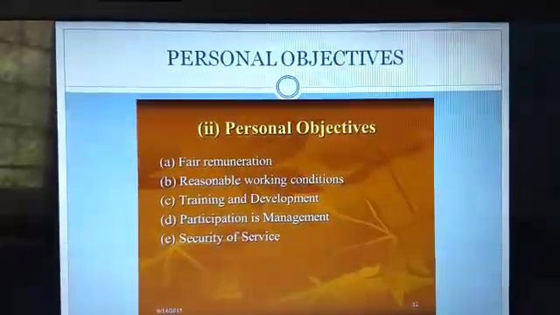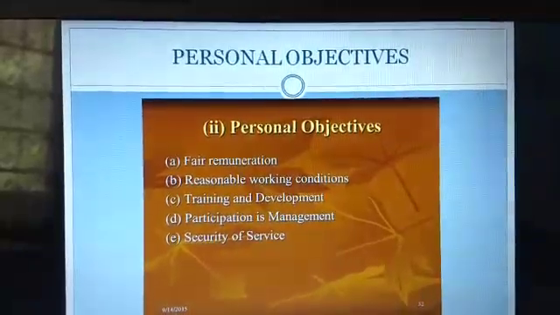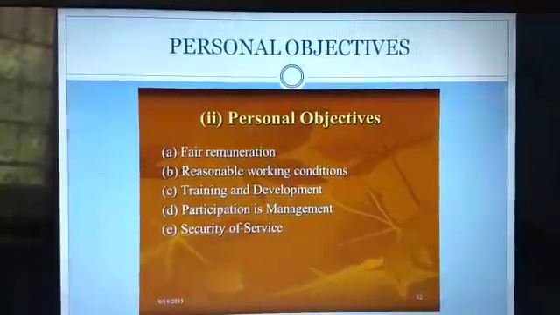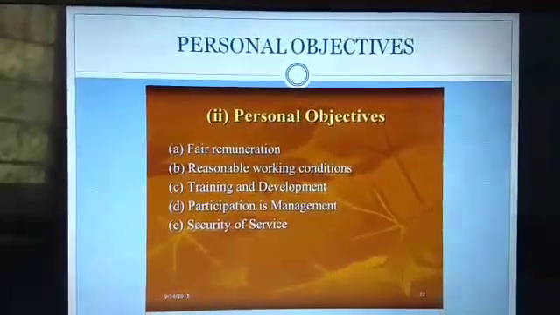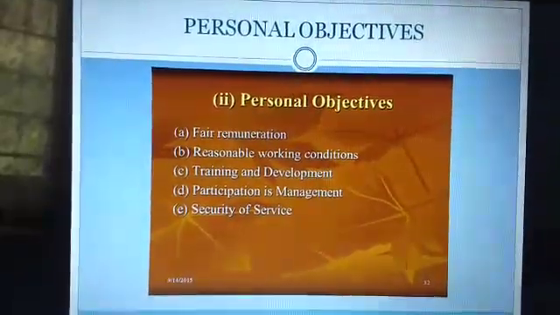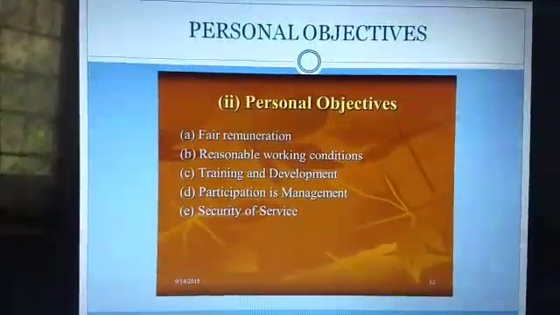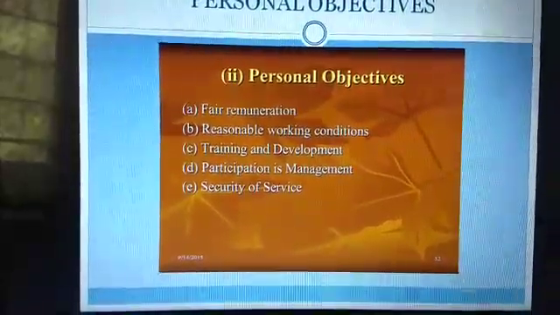And these objectives include fair remuneration, that is, paying them a salary which satisfies them on a regular basis; reasonable working conditions, which include a hygienic environment; providing them training and development. There can be different workshops where they can learn new skills.